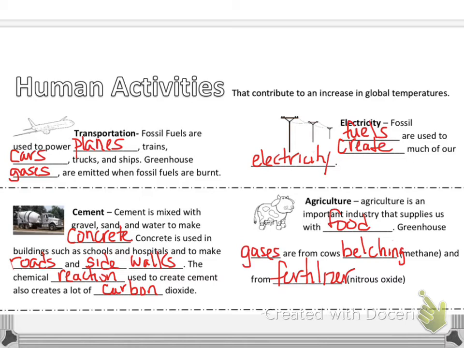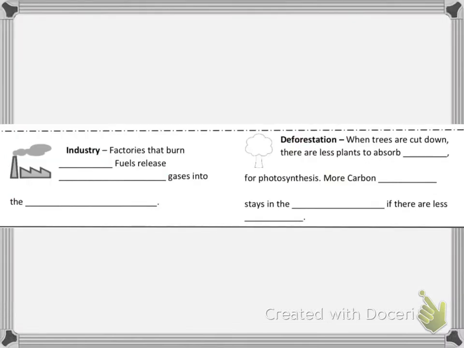All right, industry. Factories that burn fossil fuels release greenhouse gases into the atmosphere. And then deforestation is when trees are cut down or burned. You may have heard of slash and burn, where they're just clearing land. If they are burning the land, they're releasing all that extra carbon dioxide back into the air.